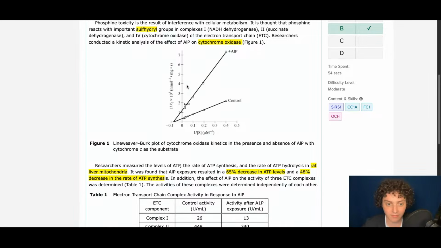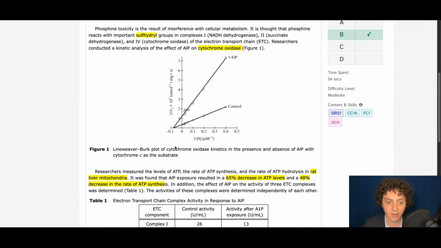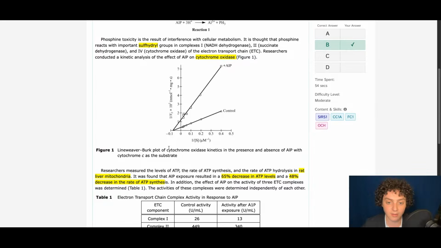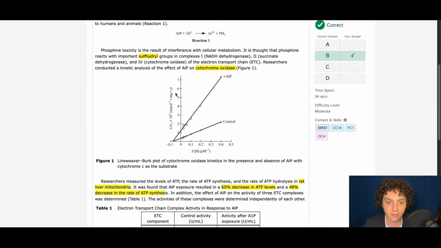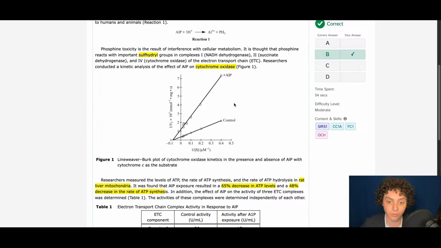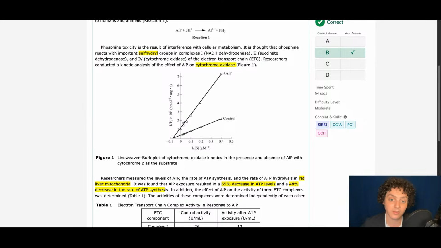Okay, this is a Lineweaver-Burk plot, so I'm going to read it. Figure 1, a Lineweaver-Burk plot of cytochrome oxidase kinetics in the presence and absence of AlP with cytochrome C as the substrate. A Lineweaver-Burk plot is a representation of the activity of one of these classes of molecules, which is enzymes. And particularly when it comes to the activity of enzymes, what's important to represent is the speed at which the enzyme-catalyzed reaction is occurring.